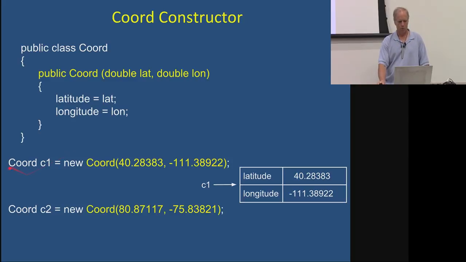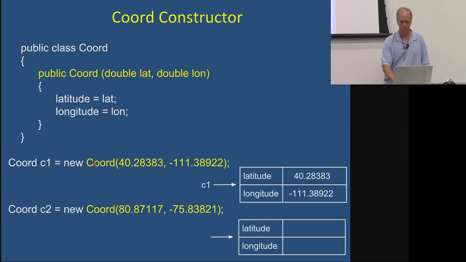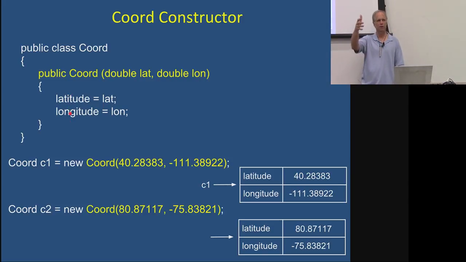Right. So what he's saying is, here we created a new object and then we initialized it. Here we're creating a different new object and we initialize it. So when you look at the constructor, latitude and longitude refer to instance variables. They don't refer to specific variables. It depends which object's being initialized.